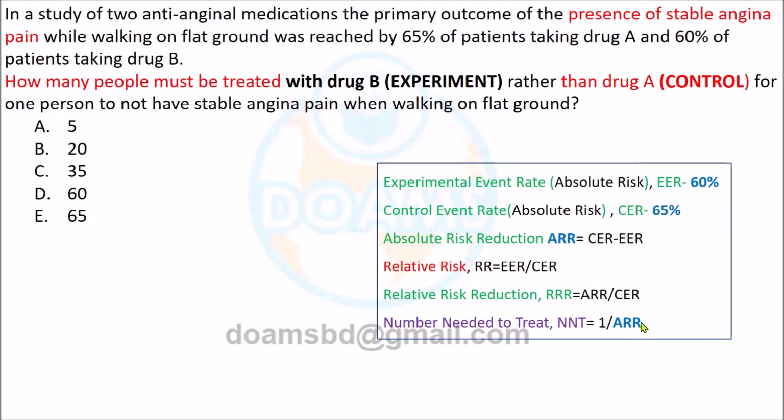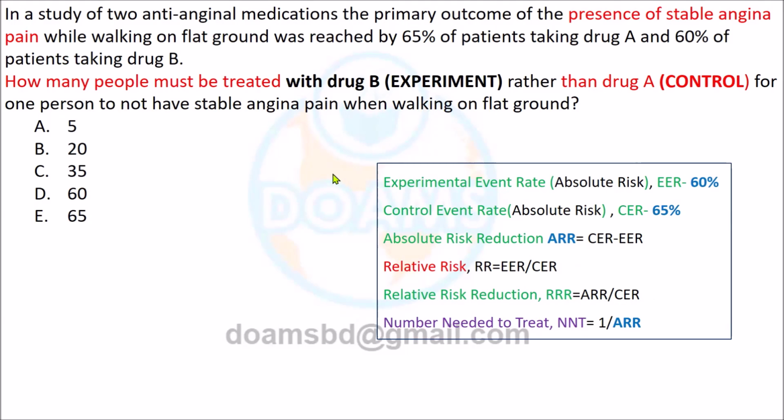1 over ARR. What will it be? It will be the full figure. ARR, 7, 8, 5 or 10, like this. And this is actually the target.